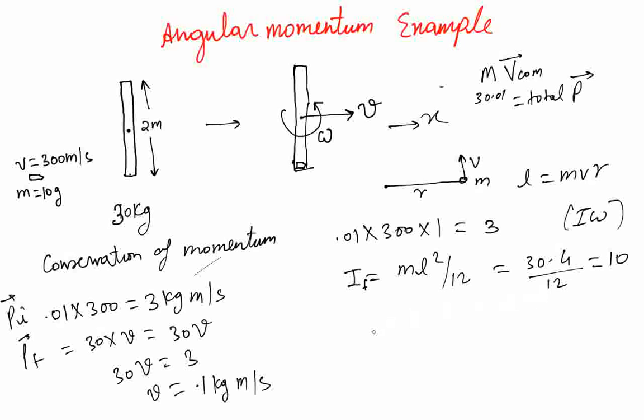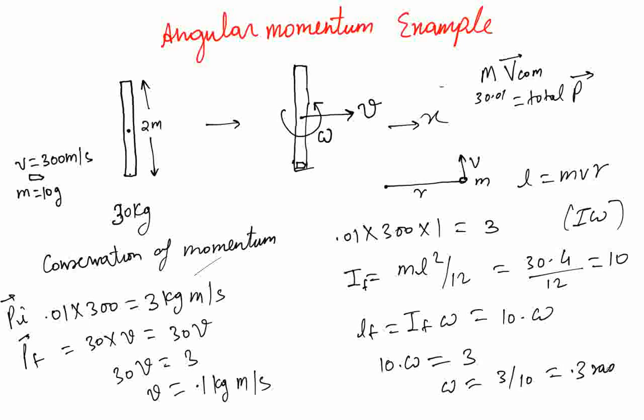So this is I final. So what is L final? L final is I omega, which is going to be 10 times omega. Now because the angular momentum will remain constant, we have 10 omega equals 3, and omega comes out to be 3 divided by 10, or 0.3 radians per second.